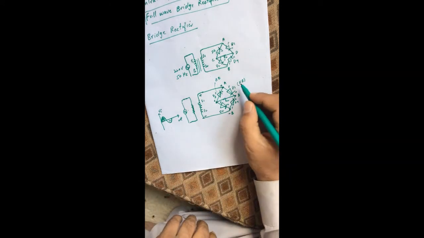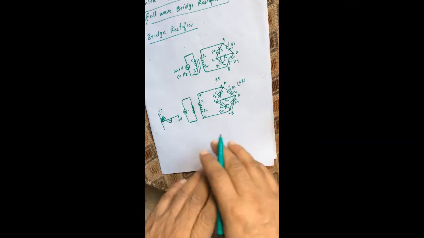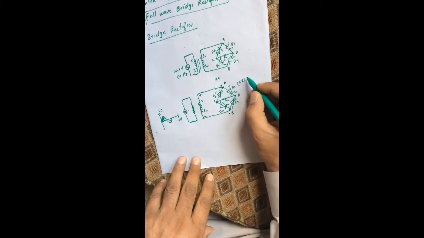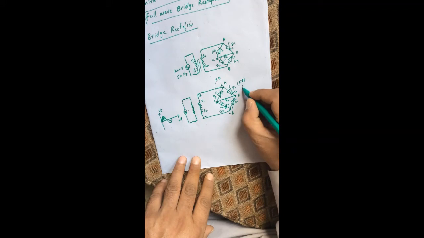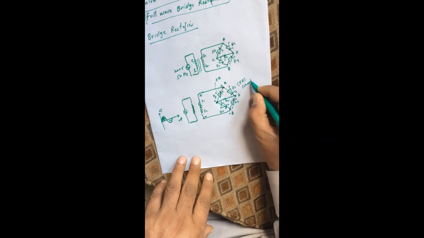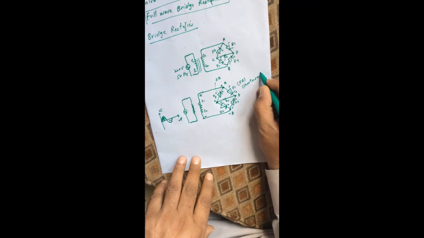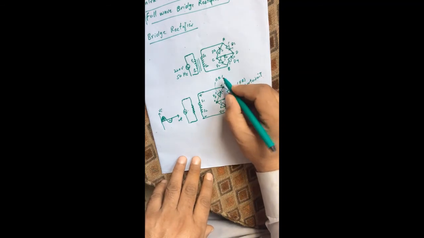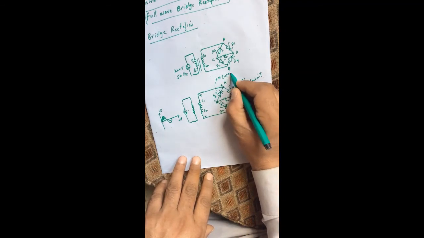We assume that all the diodes are ideal, so if it is forward bias, it behaves like a short circuit, and if it is reverse bias, it behaves like an open circuit.